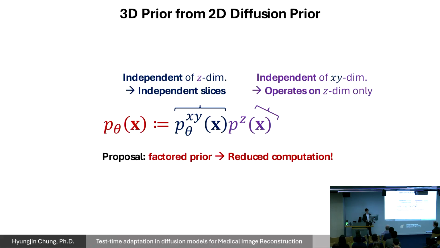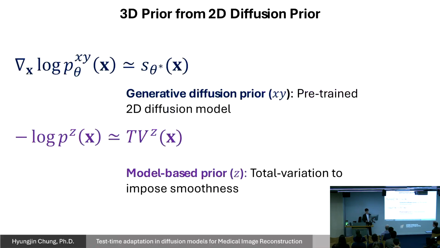Since it's very hard to train a good 3D prior out of limited samples and under limited compute, what you would typically do is take your diffusion model trained on slices of images, and make this into a factored prior by incorporating other priors. For example, a widely used total variation prior, such that it imposes some smoothness along the other axes.